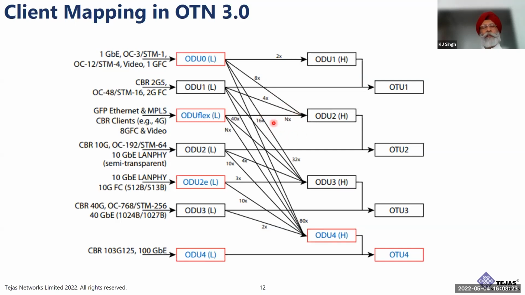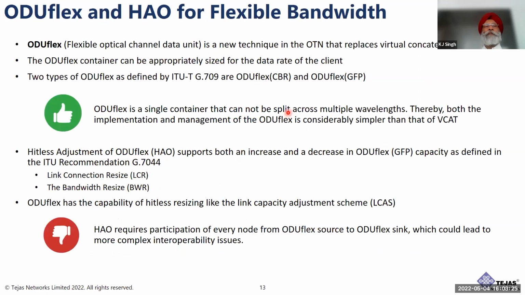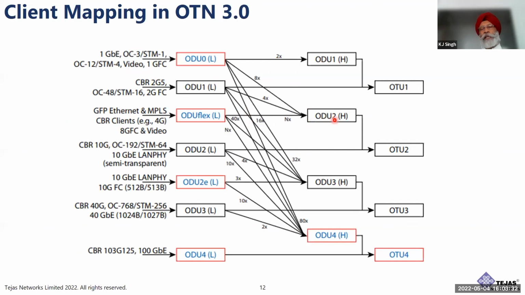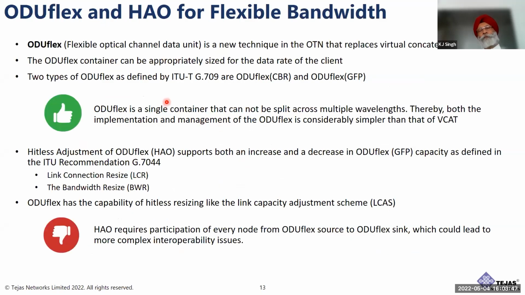This flexible mapping of traffic into the OTN container, this is supported at 10 gig rate, right? Beyond 10 gig, you expect that the pipe is relatively full and you just use static multiplexing till then. But below 10 gig, you have an ability to carry different types of packet bandwidth, right?